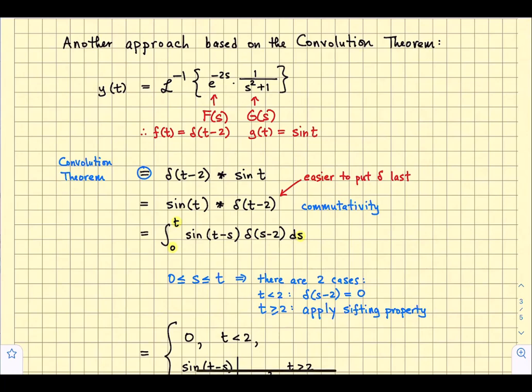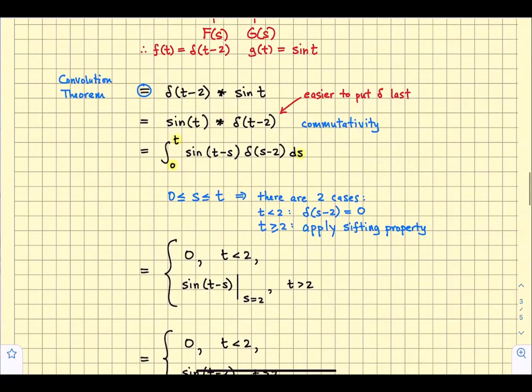Now there's two cases here. Here our s is going to vary from 0 to t, and there's two cases. Either my big T that I've fixed is before 2 or it's after 2. I don't know in this situation either. I don't know what T you have in mind. Maybe the T that you have in mind is 1.5, or maybe the T you have in mind is 17. I don't know. So there's two cases. If T is less than 2, then think about if T is smaller than 2, you have not integrated across this spike.